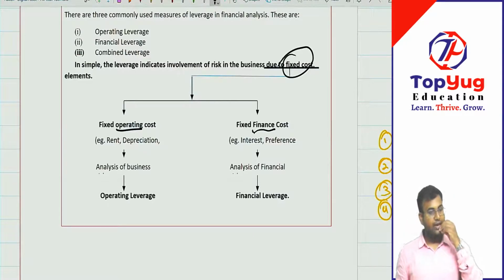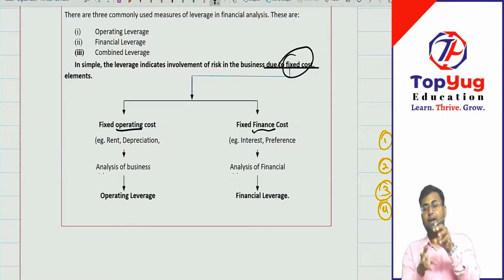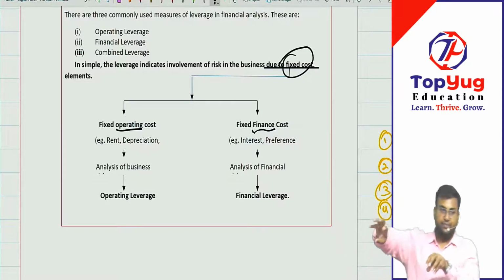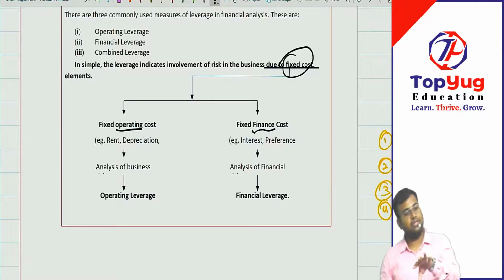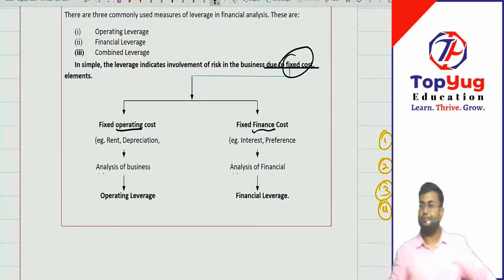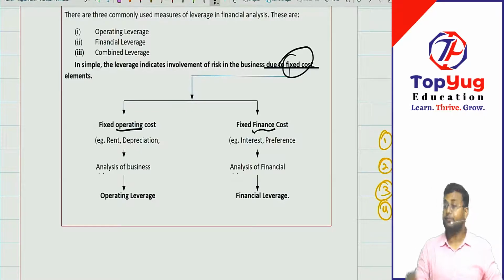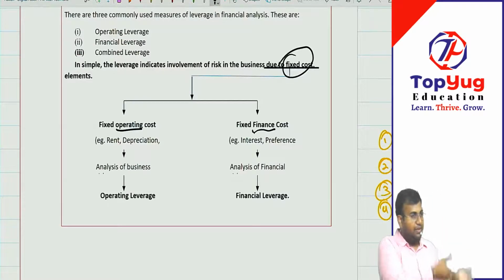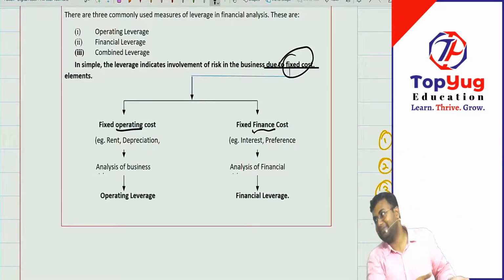Now, if a cost is associated with the capital, it is a finance cost. Otherwise, what will it be? Business will have only two costs: one for the business, one for running the business.